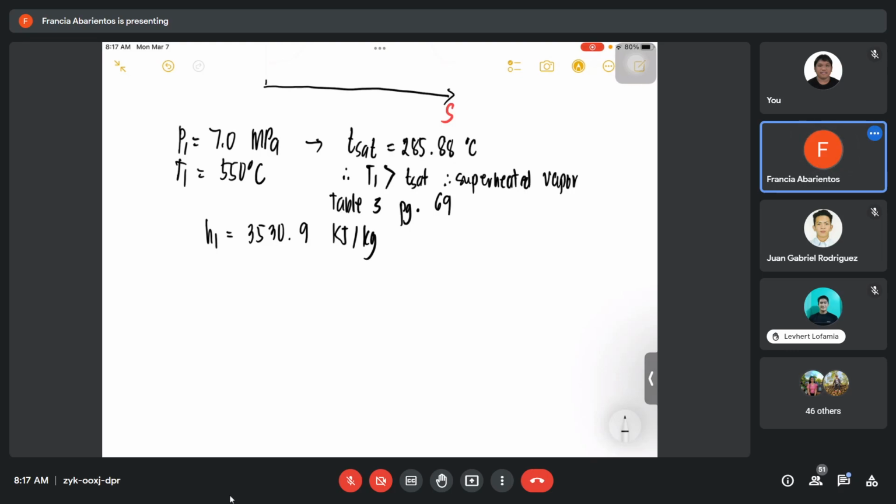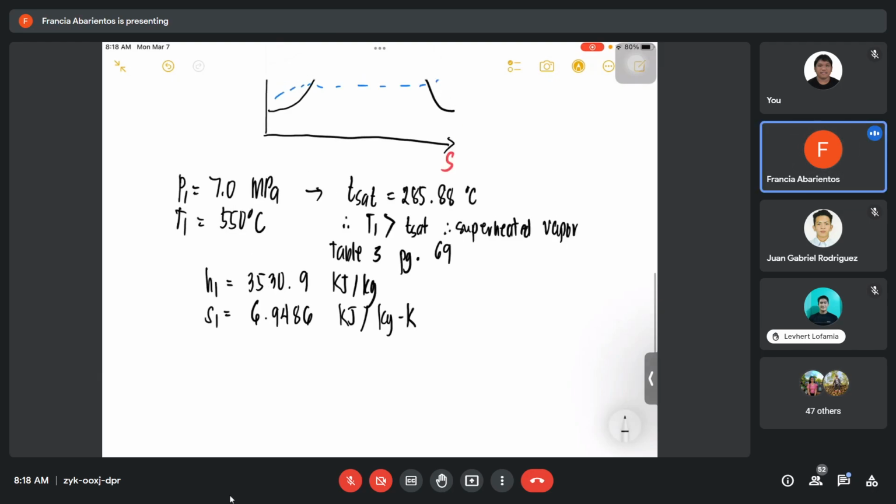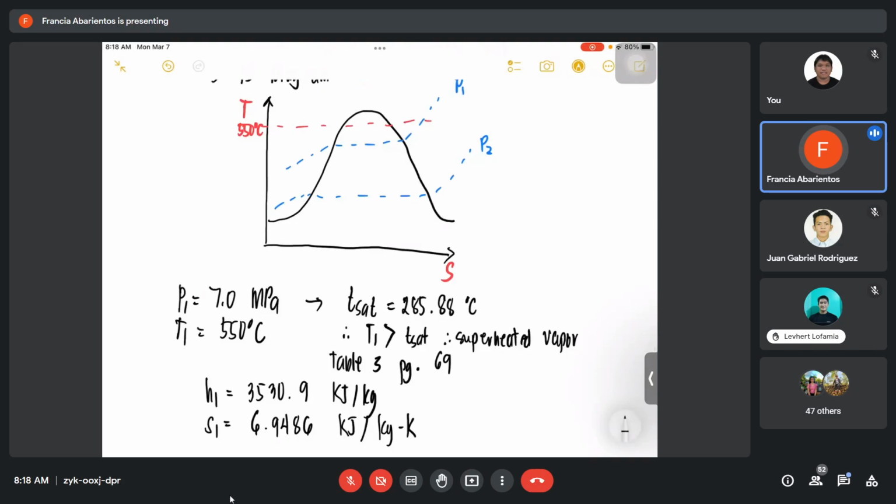At 550, we have 3530.9. And we have also the entropy at point 1, 6.9486 kJ per kilogram Kelvin. Bakit yan lang yung kinuha? Kasi mahaba-haba to class.